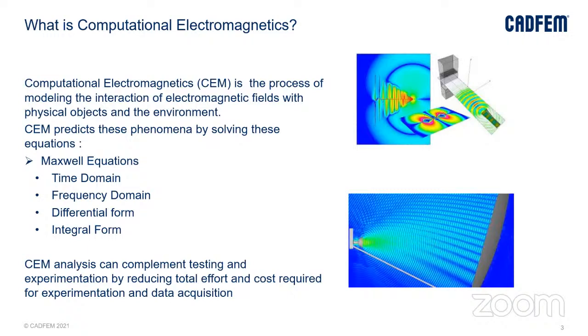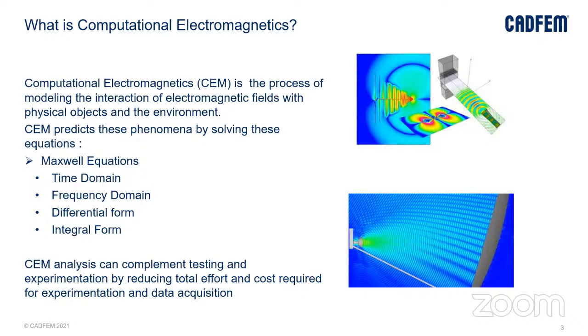It uses the Maxwell equations, either in a time domain or frequency domain format, either in the integral or differential form, and performs these operations on the existing structure, which can be a CAD geometry, for example, or an electronic PCB.